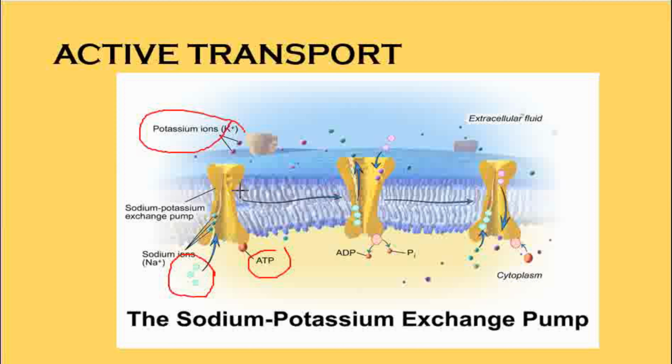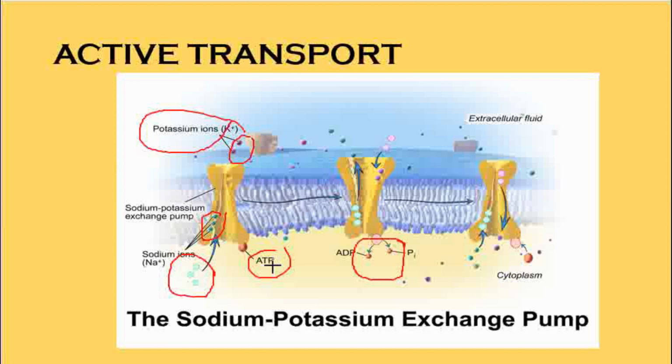So this protein has a binding site for 3 sodium ions. After the binding of the sodium and the ATP, next 2 molecules of potassium are transported inside the cell and sodium is transported outside the cell. Here energy, ATP, is spent.